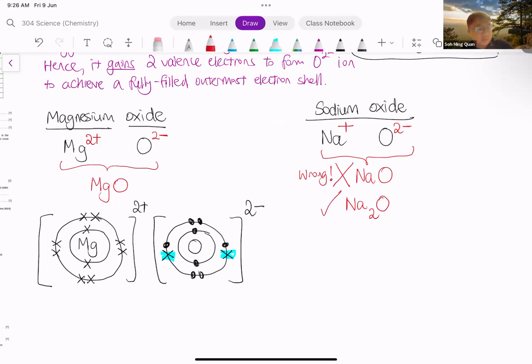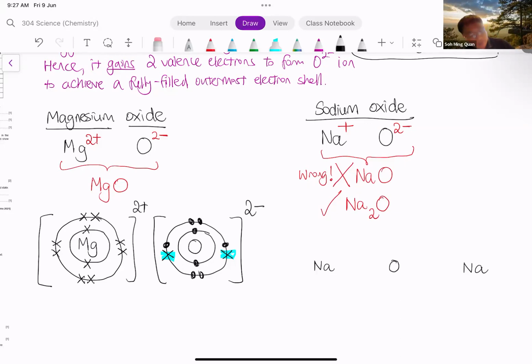What this means is there are 2 Na plus ions and 1 oxide ion. Importantly, please put the ion that is in a smaller amount in the center. So oxide is in the center because there is only 1 oxide ion, but you have 2 sodium ions.